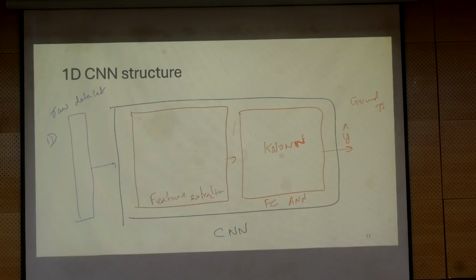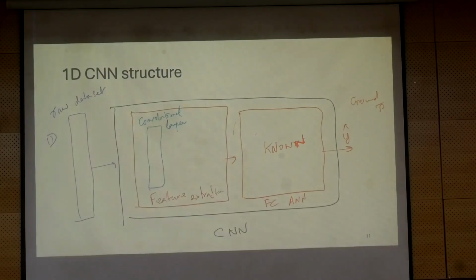So what exactly is happening here in the feature extraction part? In the feature extraction part, we have what is known as a convolutional layer. So what does a convolutional layer do? It basically implements the mathematical convolution operation on the raw data set.